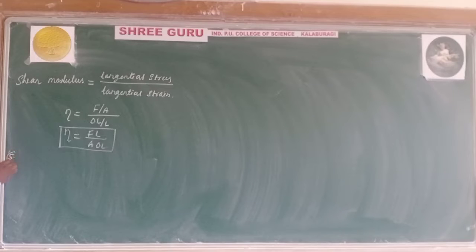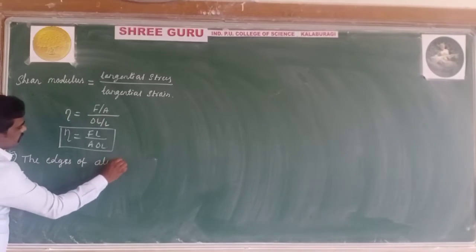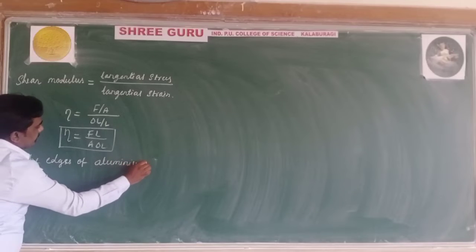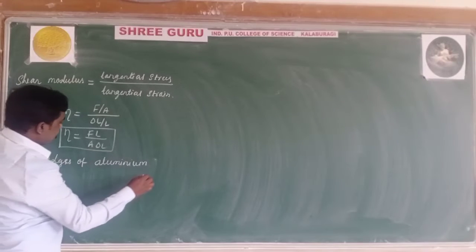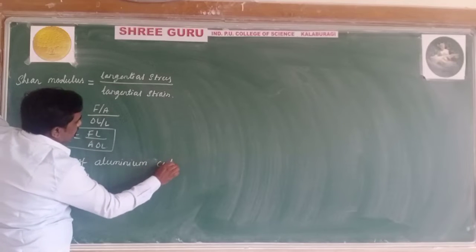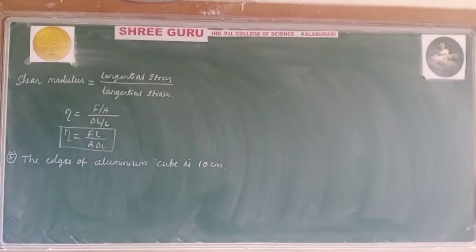This is question number 5: the edges of an aluminium cube are 10 centimeter long.